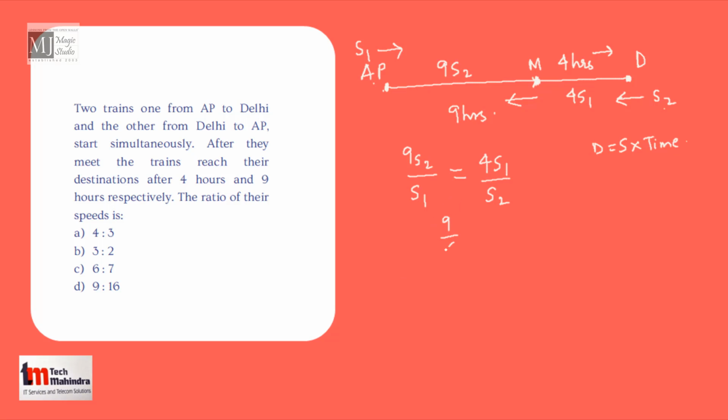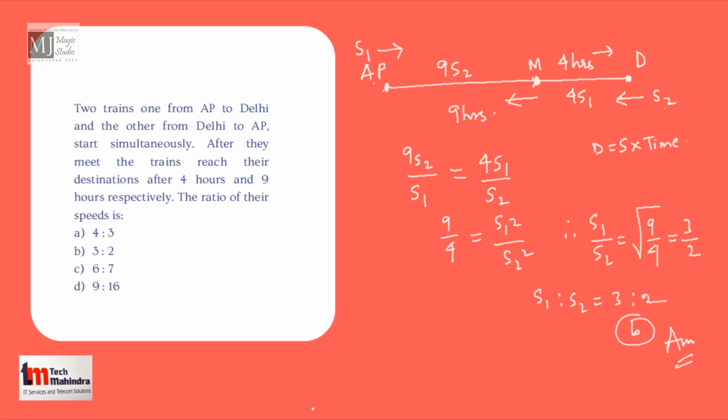So what we will have is 9 by 4 equals S1 squared by S2 squared. That means S1 by S2 is root over 9 by 4, that is 3 by 2. The ratio of speed of the two trains is 3:2.